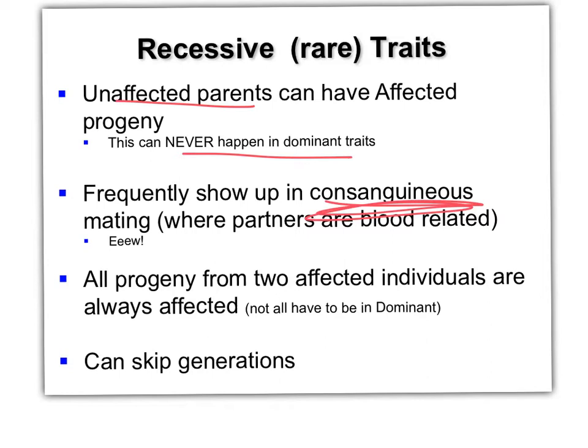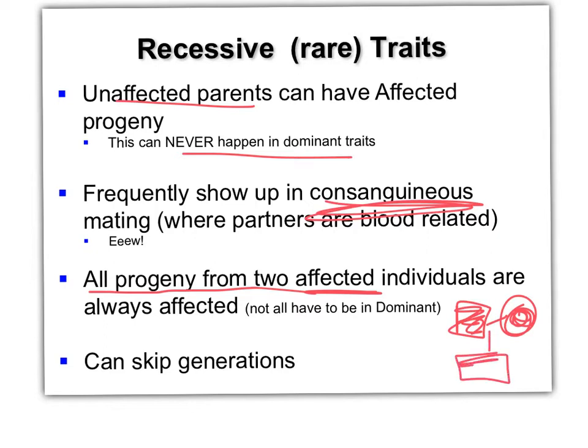Make sure you look at the traits so we can figure it out. All progeny from two affected individuals, that would be like the squares, have to be affected. Not true in dominant. Can be, but not true. And it can skip generations, which generally doesn't happen in dominant traits.